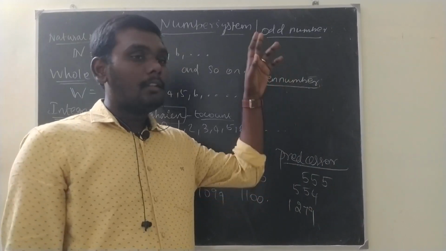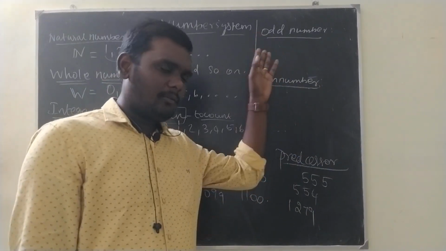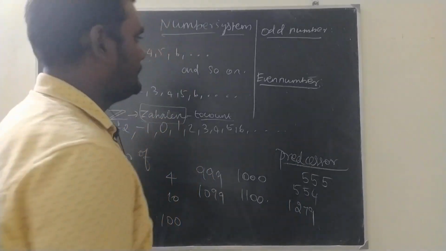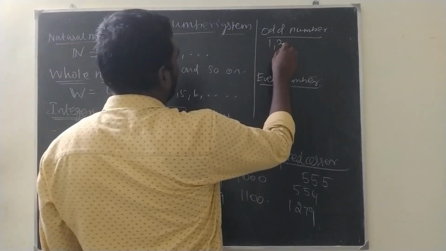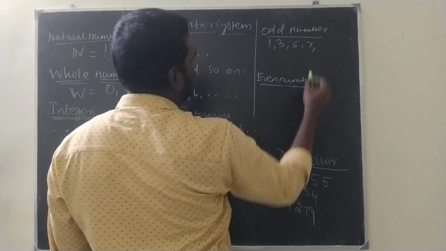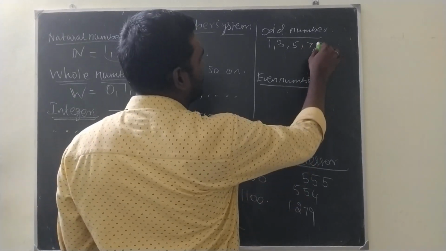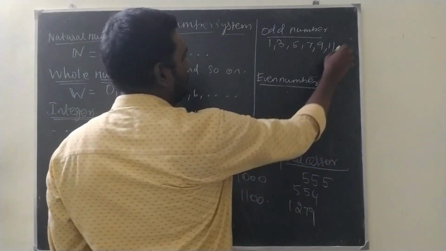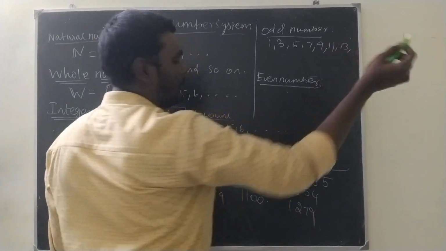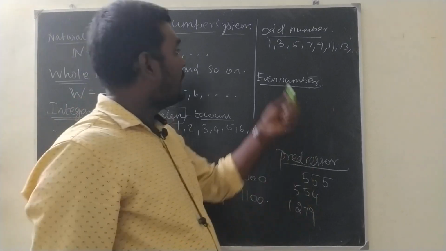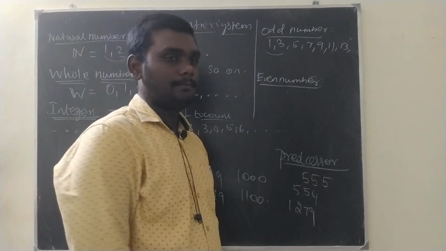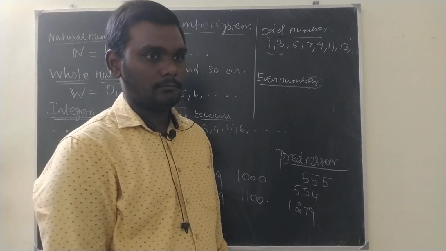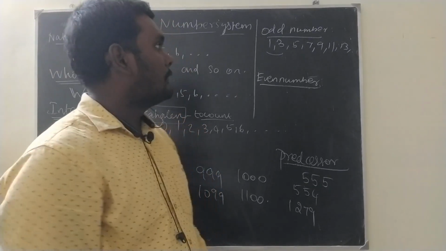Also, the odd number, even number. You know this? What is odd number, even number? The odd numbers are 1, 3, 5, 7, 9, again 11, 13, it goes on. What is the difference between two consecutive odd numbers? 2.